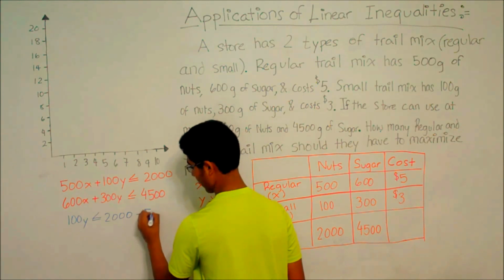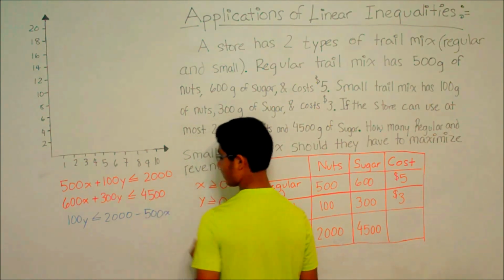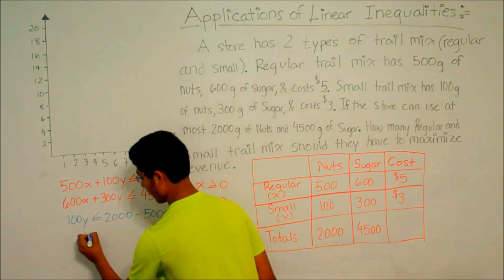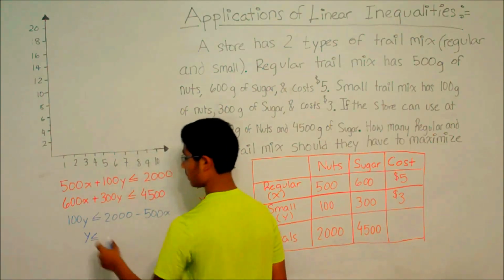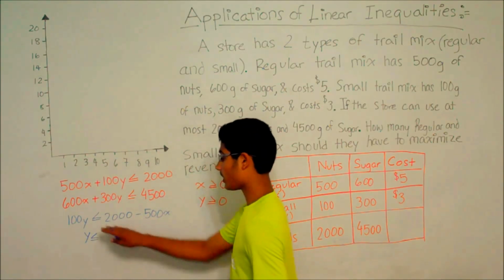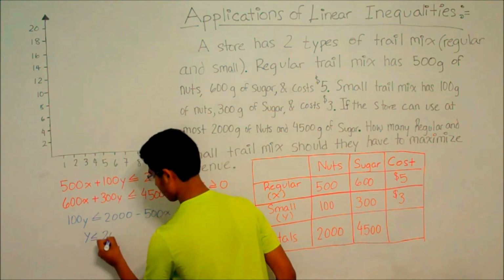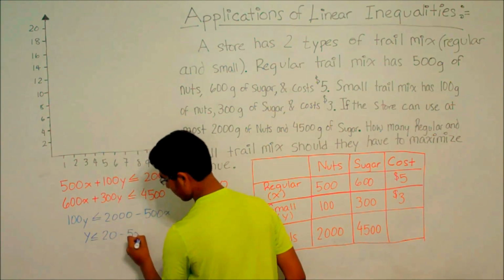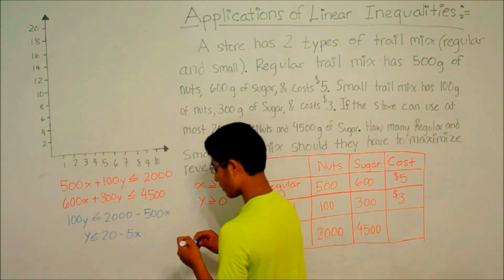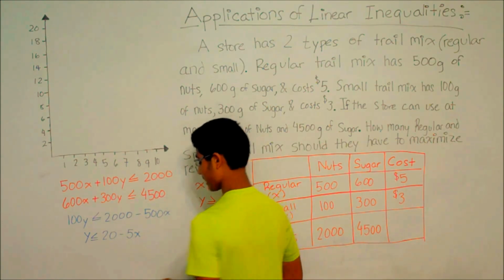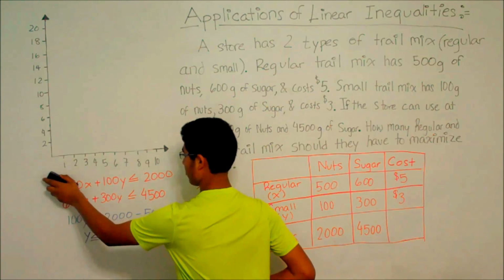So that means that y is less than or equal to, now to get y by itself, we have to divide both of these by 100. So we get 20 minus 5x. So y is less than or equal to 20 minus 5x. Let's write that here.